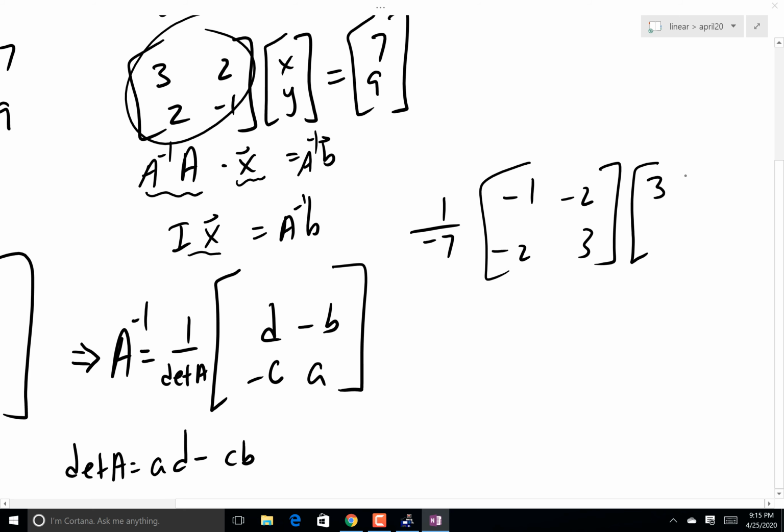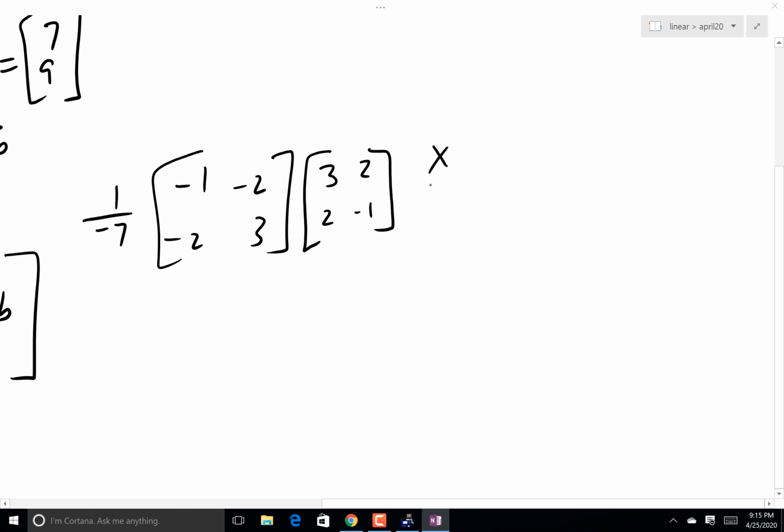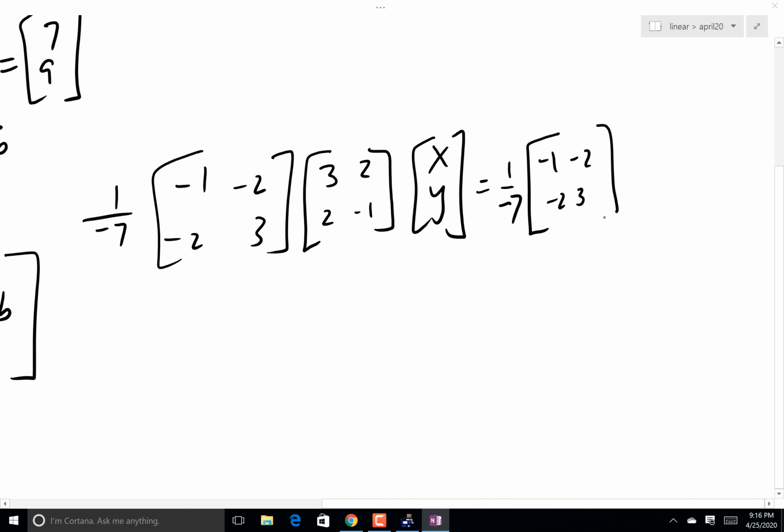So I'll do this times this. Let's see if this works. That's going to be negative 3 plus 4.